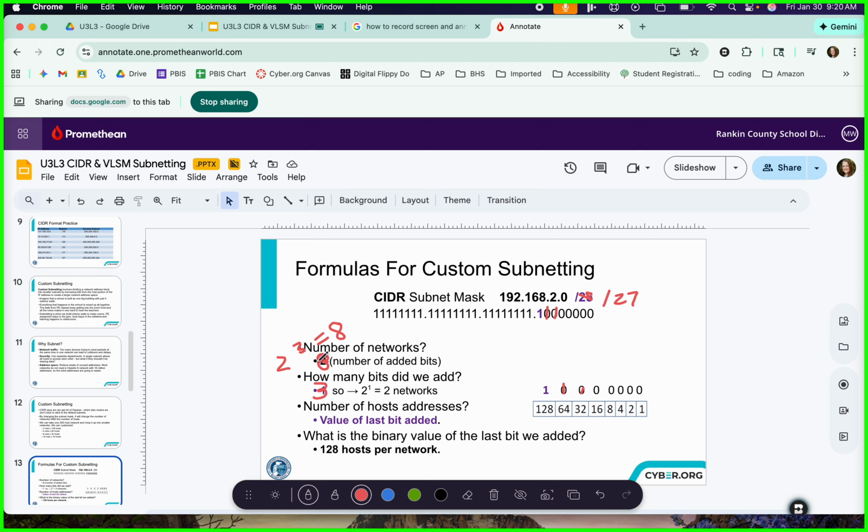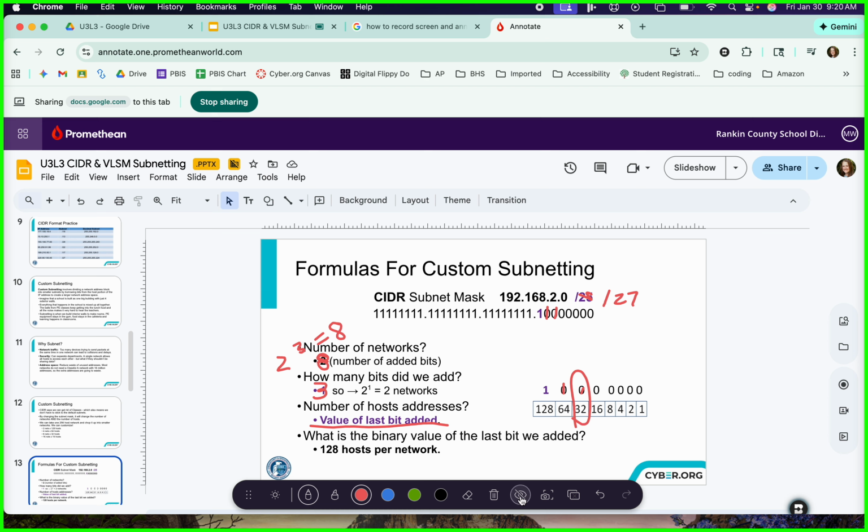We have 8 networks. Now, how many addresses do we have per network? That's going to be the value of the last bit that we added. The last bit that we added has a value of 32, so we have 32 addresses per network.